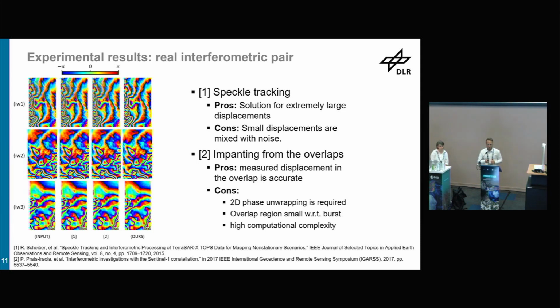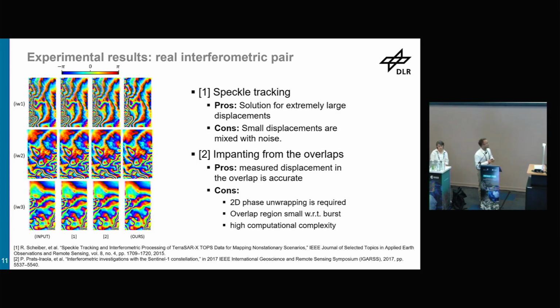In the first column you can find the input. In the second one, the result of speckle tracking. Basically, we are applying a refinement to the co-registration using offsets estimated from the incoherent cross-correlation technique plus the spatial diversity. In general, the advantage is that it's a solution for extremely large displacement, but it penalizes small displacement that are usually confused with noise.